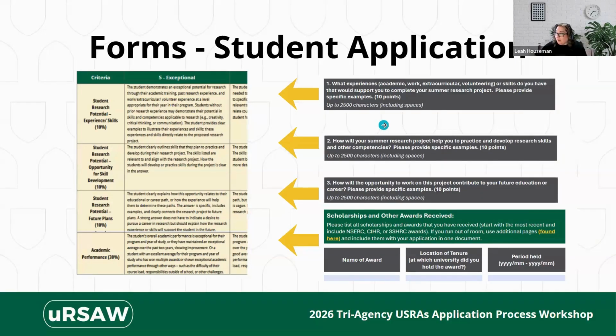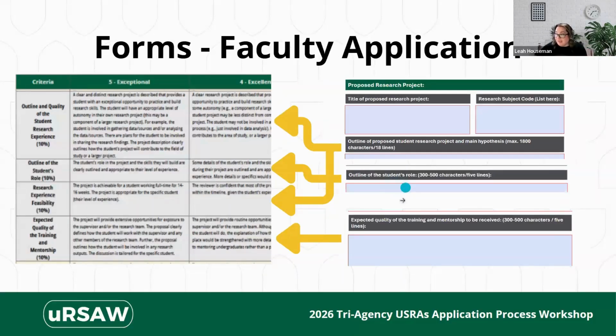So you want to talk about your experiences or skills that you would have to support your summer research project, how that summer research project will help you practice and develop those skills, and then how that opportunity will contribute to your future education or career goals. The faculty portion, they provide the outline of the research project, the outline of the student's role, and the outline of the quality of mentorship and training.